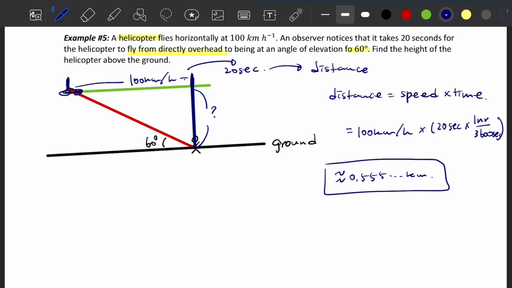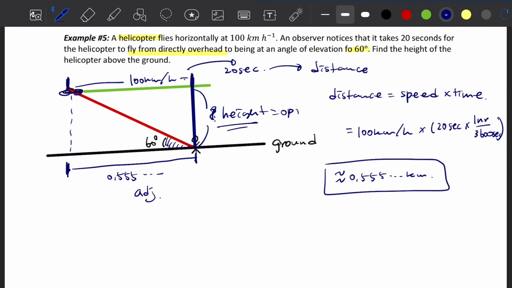Now we need to find the height. We know the distance, so this is 0.555, and we know the angle, 60 degrees. Since we know the adjacent value and the height is the opposite value, we can say tangent 60 equals opposite over adjacent, which is height over 0.555.